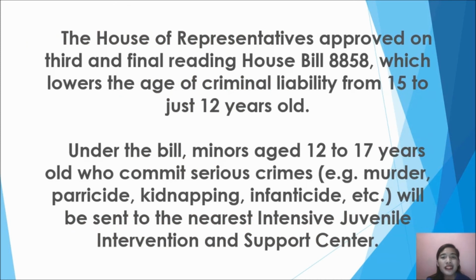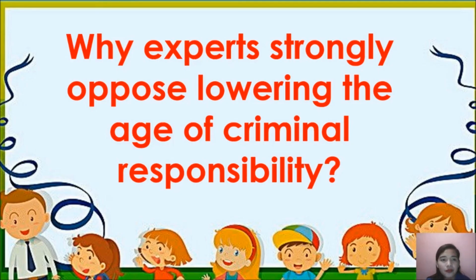The House of Representatives approved on third and final reading House Bill 8858, which lowers the age of criminal liability from 15 to 12 years old. Under the bill, minors aged 12 to 17 who commit serious crimes, for example murder, parricide, kidnapping, infanticide, and other heinous crimes, will be sent to the nearest intensive juvenile intervention and support center.